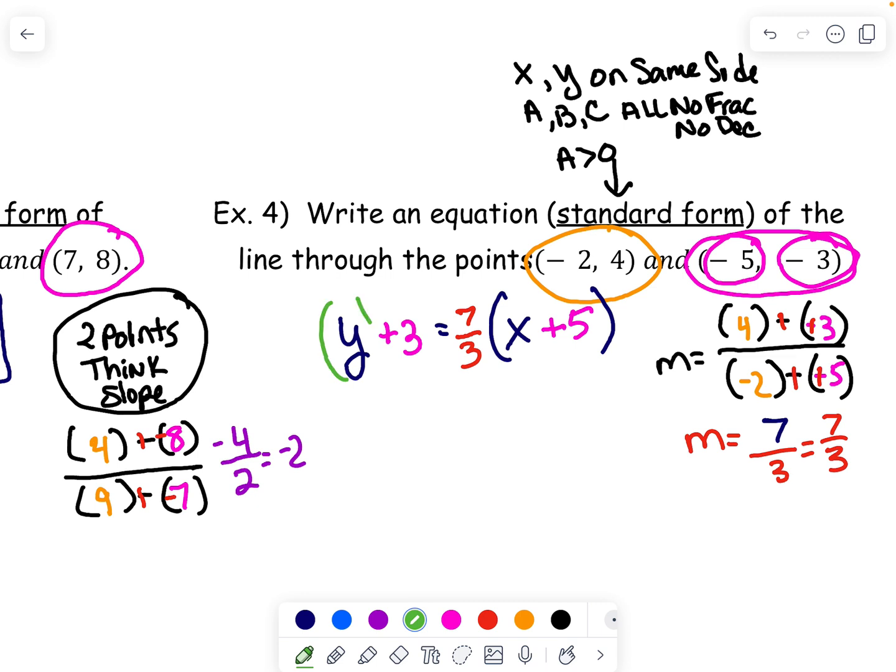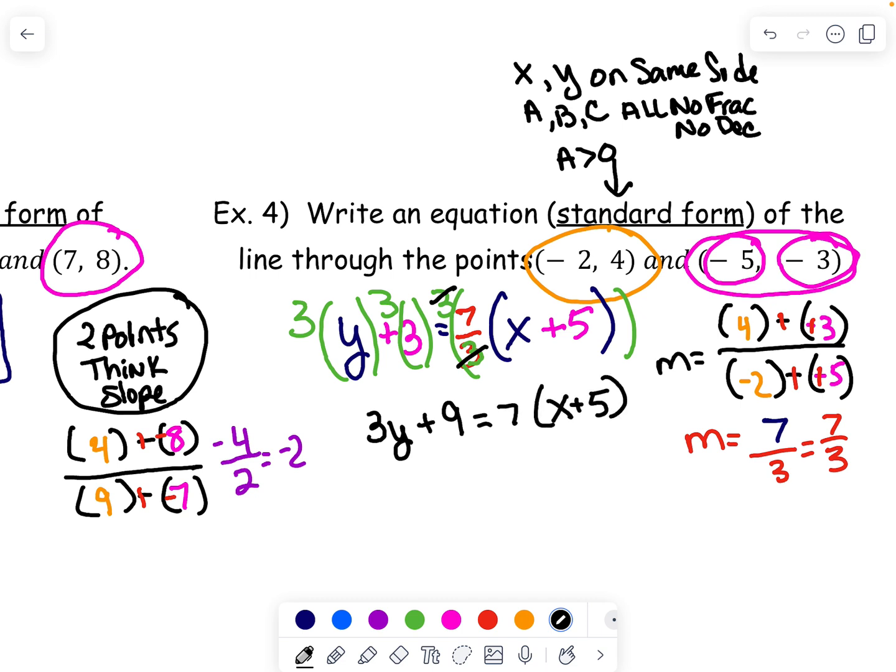So what we're going to do is take our 3 terms, this and this together, because they're touching right here, so they're the same exact term. We're going to multiply by 3 because 3 is what's in the denominator. And so when we multiply by 3, this goes away. Okay, so we're going to be left with 3y plus 9 equals 7 times x plus 5.